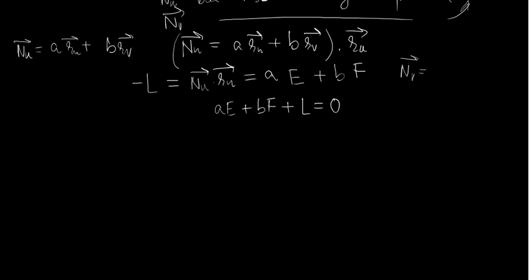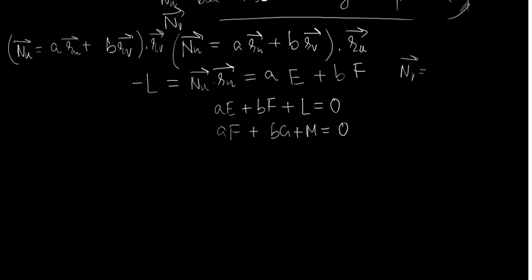Now I have dotted it with Ru, and I get this equation. Suppose I dot it with r sub v. I take the dot product with respect to Rv of the same equation. So I would get aF plus bG plus M is equal to 0. Now this is where I wanted to get, because now I can find these a and b in terms of E, F, G and L, M, because these are just equations in two variables, like x and y, here a and b.